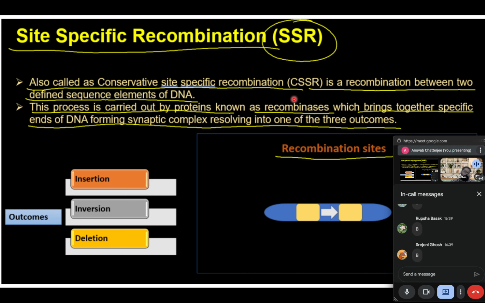Recombinases are proteins that actually cut and paste DNA, and they are majorly used in repair, bringing together specific ends of DNA, forming a synaptic complex resolving into one of three outcomes, which could be insertion, inversion, or deletion of the site. We'll see how that works.